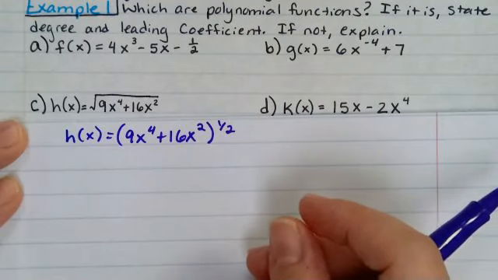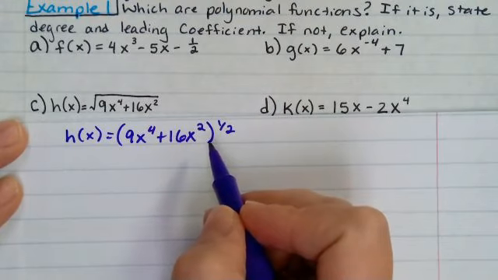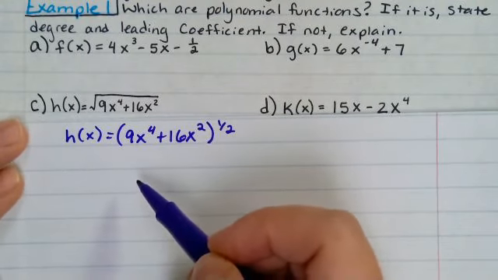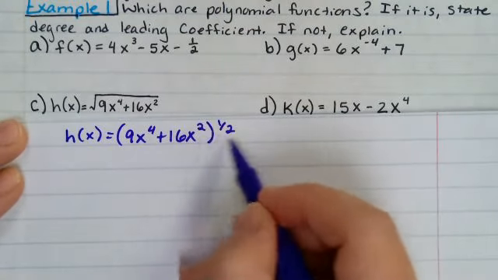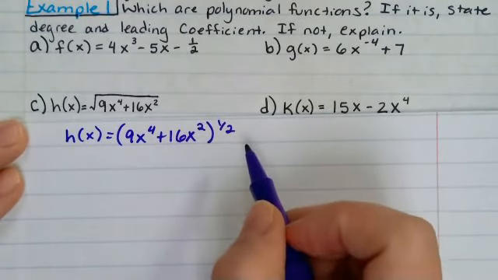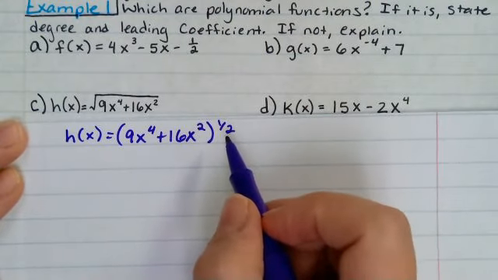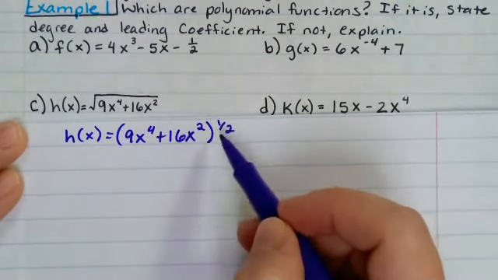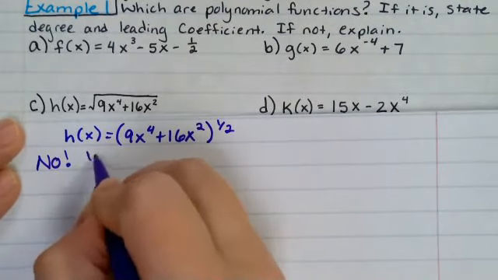So what we have to think of instead is, you could try to factor out an x squared, but really there's not going to be a good way for this to simplify. And with that being the case, that brings us back to the fact this is a fractional exponent. If you have something that's a non-integer, it's not going to be a polynomial function. This is not an integer, so this is not a polynomial function, okay?